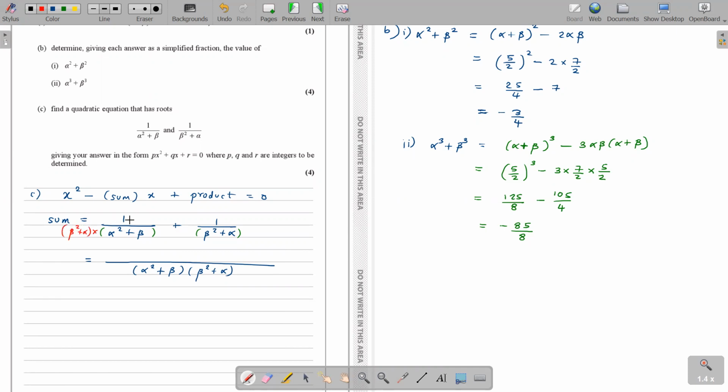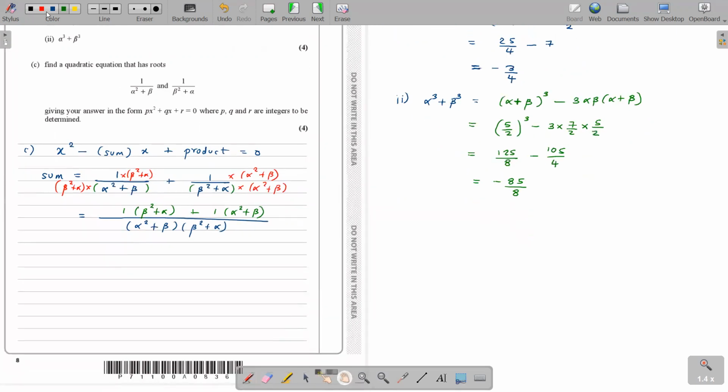Do you agree with me? The other one multiplies with alpha square plus beta. So here I get 1 times (beta square plus alpha) plus 1 times (alpha square plus beta). Let's simplify. Here I get beta square plus alpha square plus beta.